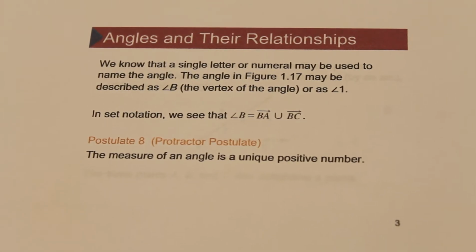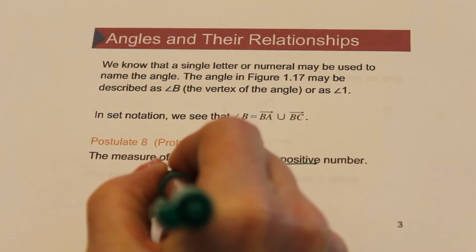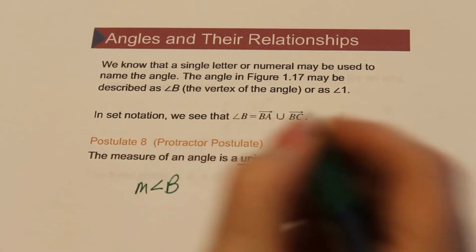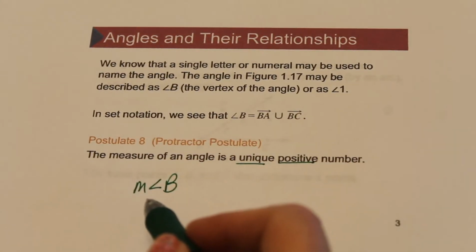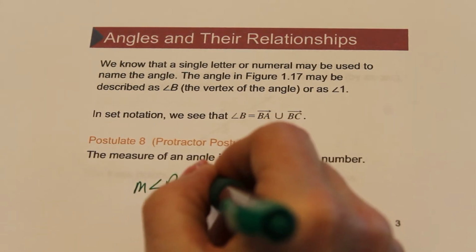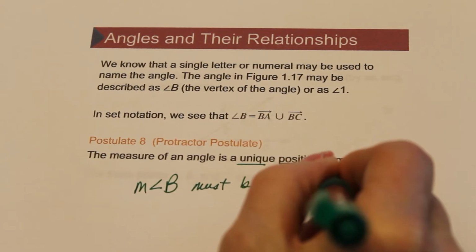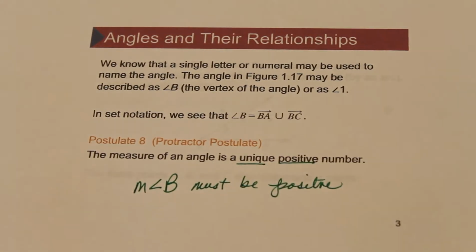And here's your Postulate 8. The measure of an angle is a unique positive number. So the measure of angle B, that's going to be a number, that's a measurement. The measure of angle B must be positive. So just like line segments cannot have negative length, angles cannot have negative measures.